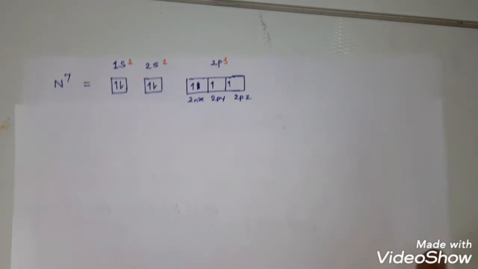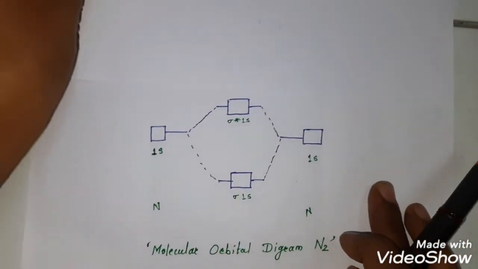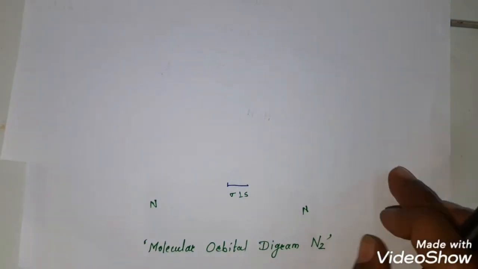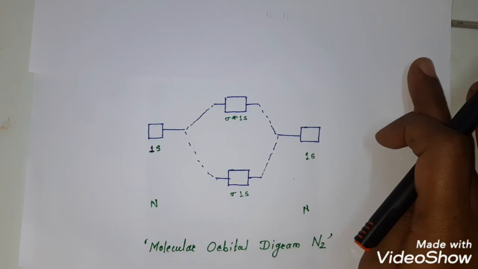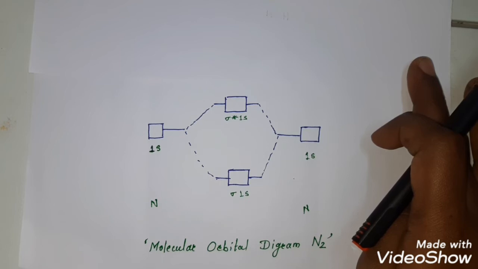Let's see how the electrons are filled. Here is the molecular orbital energy diagram for the N2 molecule. In the nitrogen molecule, the 1s, 2s, 2px, 2py and 2pz orbitals are involved.